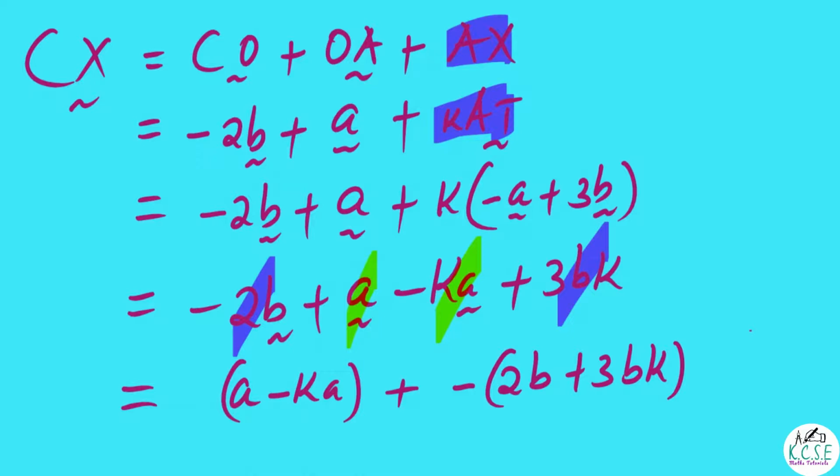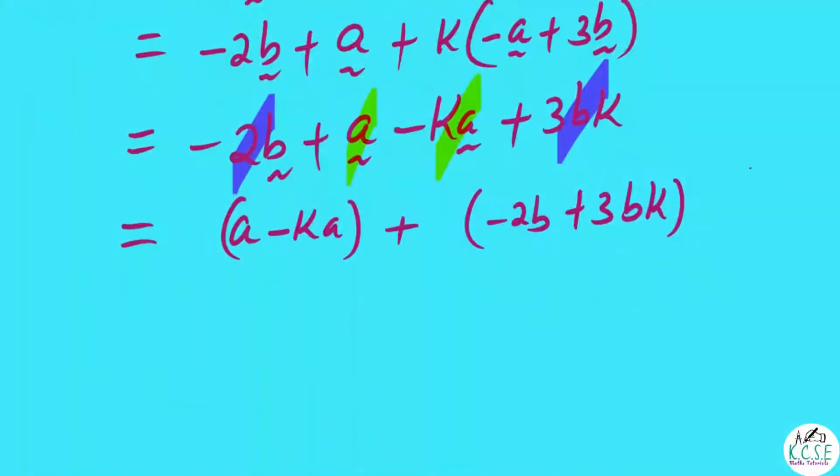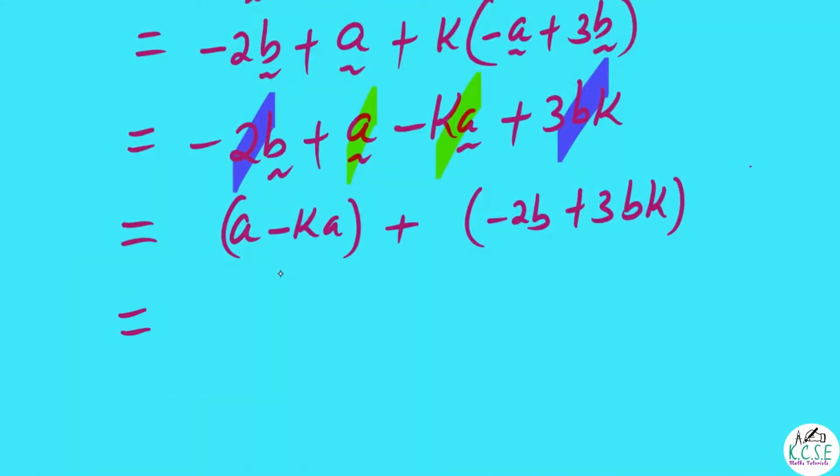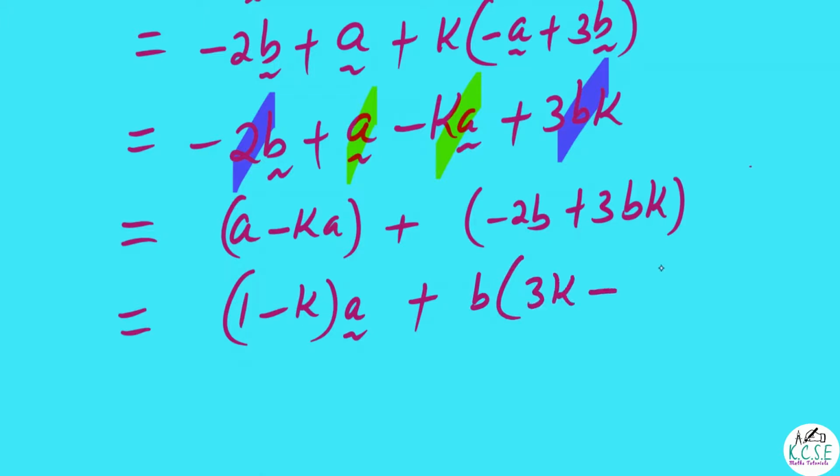So this bracket, this is negative 2B. So we factor out A, 1 minus K A, plus factor out B here, we get 3K minus 2. So that is the second expression.